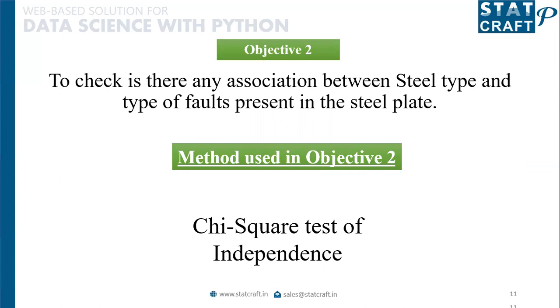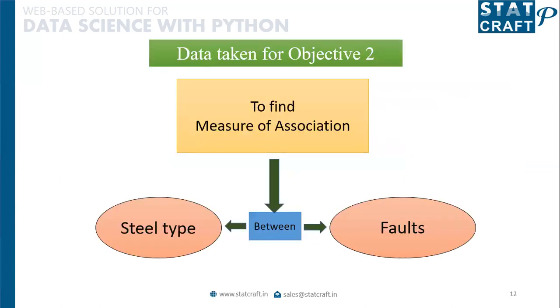What is the technique that we have used to answer this particular objective? We have used a statistical technique, which is called the chi-square test of association. To perform the chi-square test of association, I will take you to StatCraft. But for those people who are new to statistics and chi-square, let me just quickly explain what this test does.